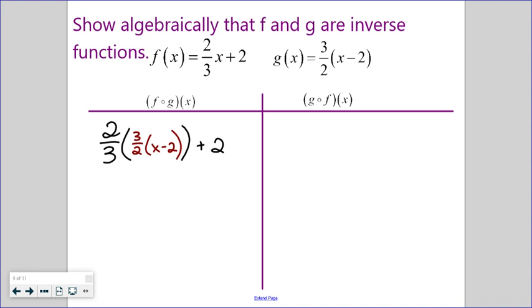Okay? Can I start out on this one multiplying 2/3 times 3/2? Is that a legal maneuver in this one? Yeah, I can do that. Okay? What is 2/3 times 3/2? 1. So I don't need to show this, but this is the part we're doing right now, and it comes out to equal 1.